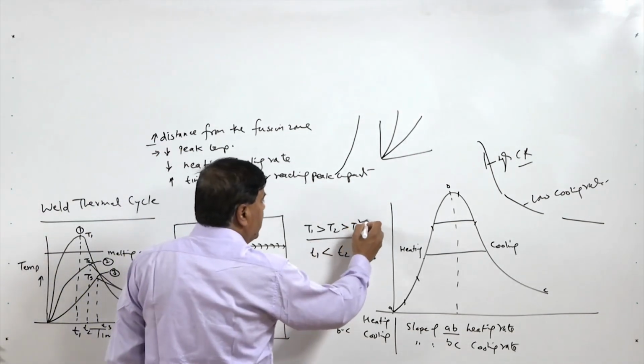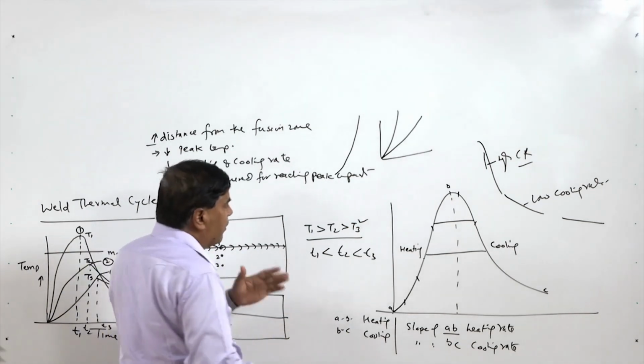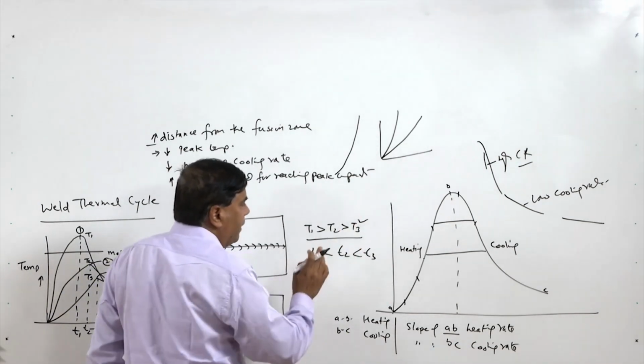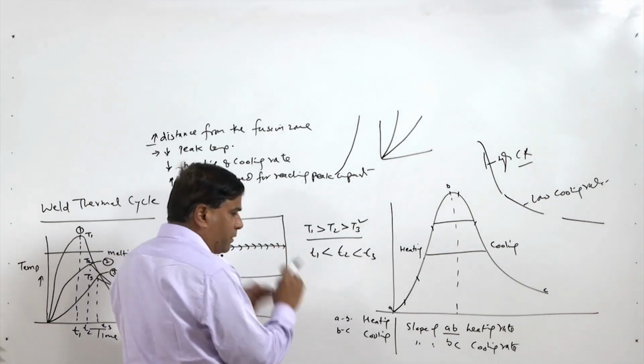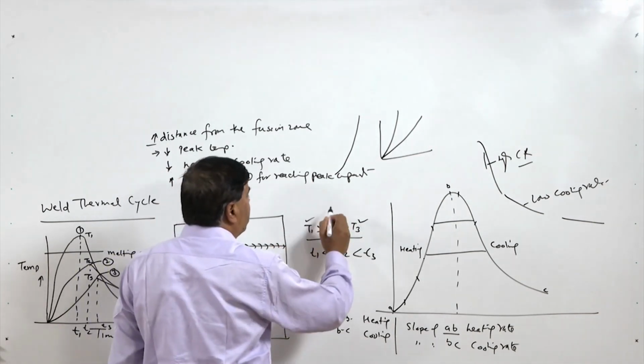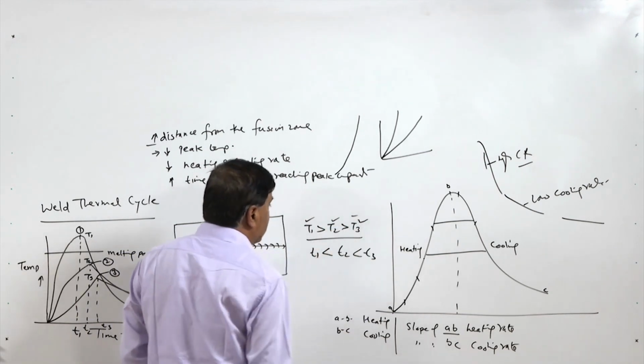This is what we can see, that point 3 is farthest away from the fusion zone. T2 is closer and T1 is very close or in the fusion zone. So the peak temperature is high for the closest point, while the peak temperature decreases with distance.